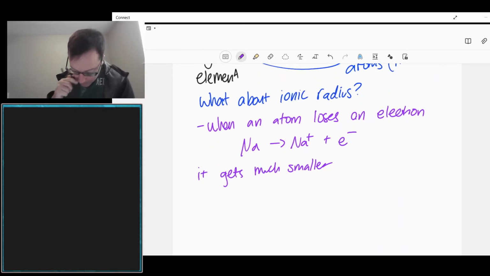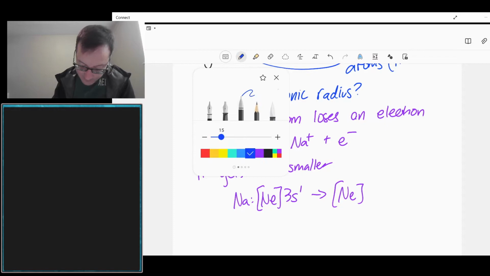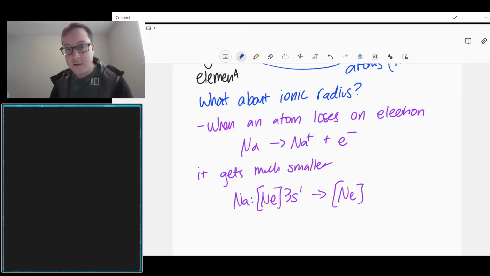Because we're going from neon 3s1 to neon. That's effectively what's happening. In terms of this kind of reaction, this losing of the electron will turn us from neon 3s1 to neon, electron configuration-wise.